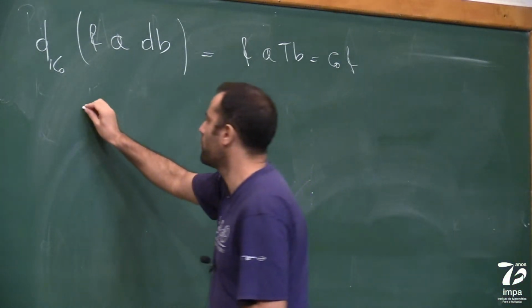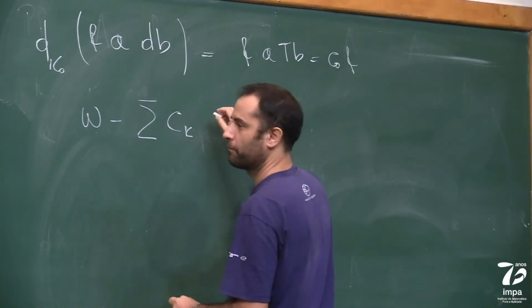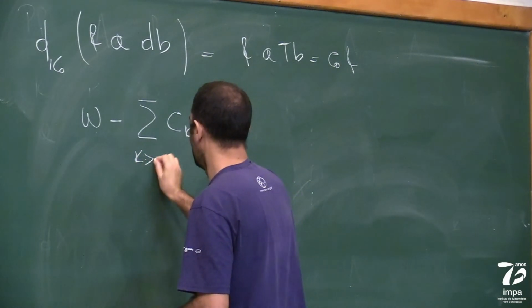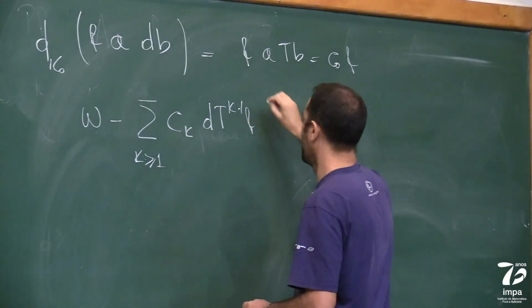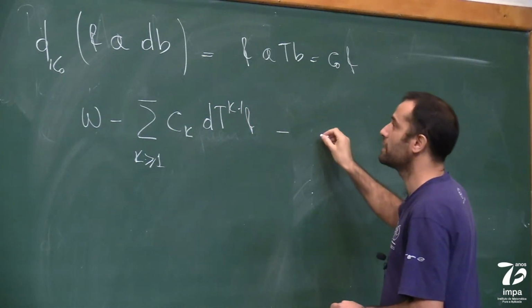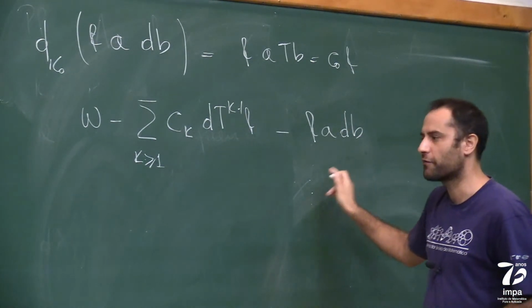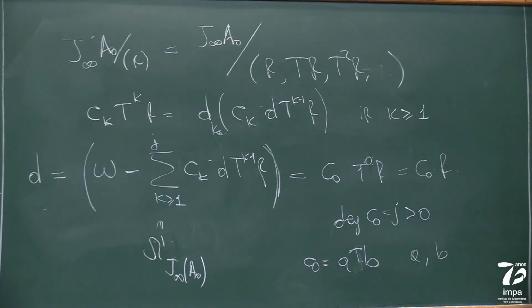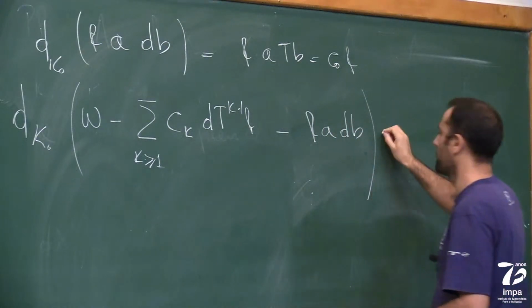So then if we grab omega and take the sum of ck d t to the k minus 1 of f, for k bigger or equal than 1, and then we subtract this f A dB, or linear combinations of these such that C naught is equal to that, then the Causal differential of that is 0.